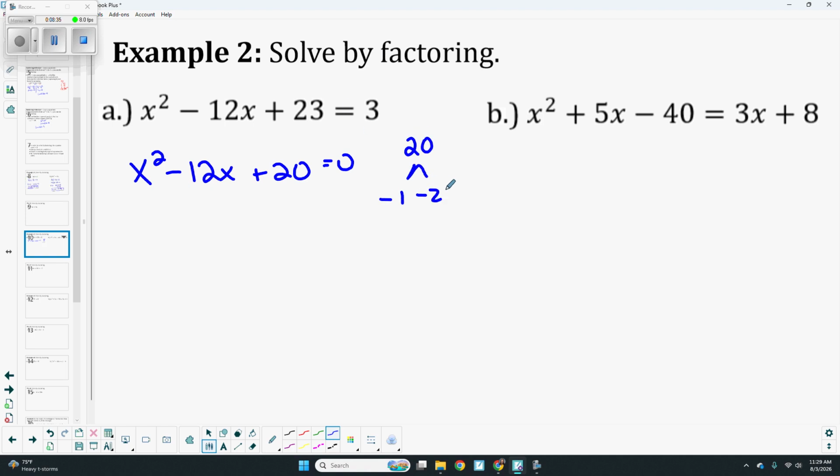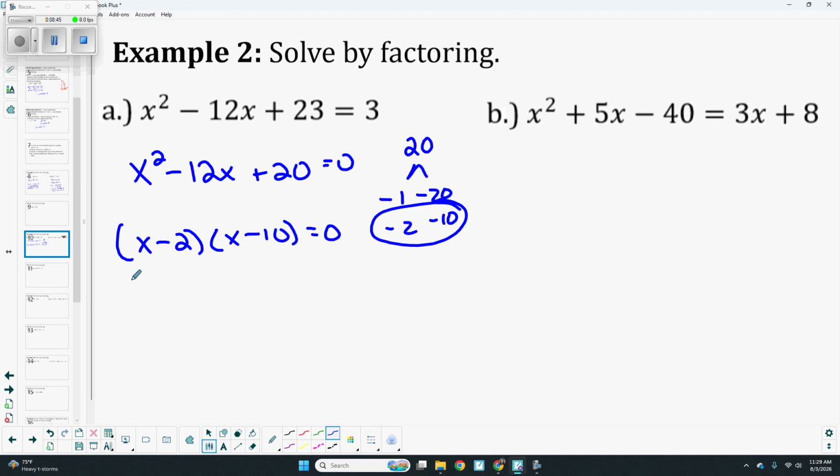So negative 1 and negative 20, negative 2 and negative 10. Oh, it's already there. Negative 2 and negative 10. So that's x minus 2 and x minus 10. That's my factored form. So if I set each of these equal to 0, we're going to get x equals positive 2, and x equals positive 10.